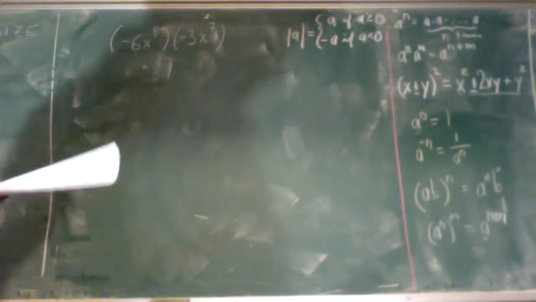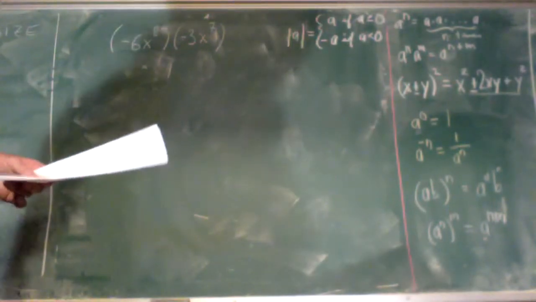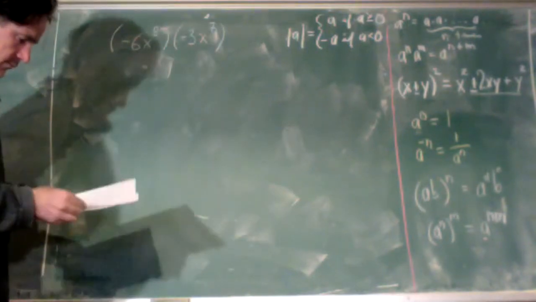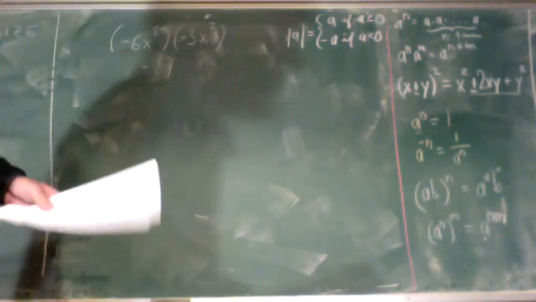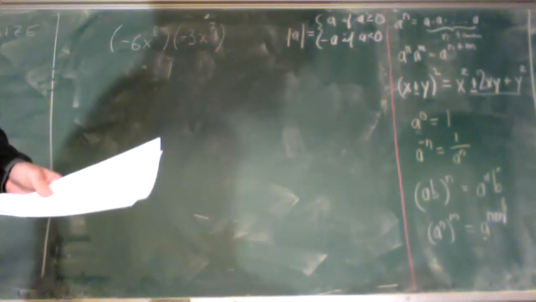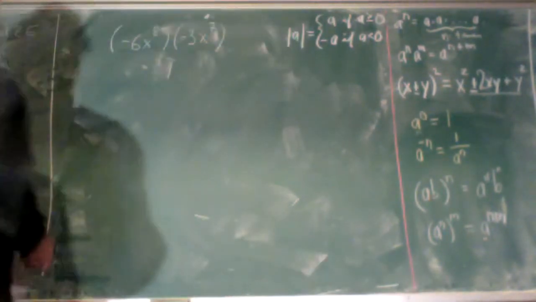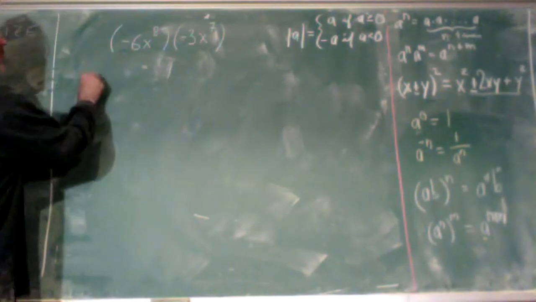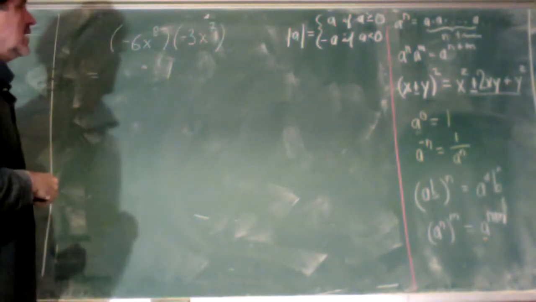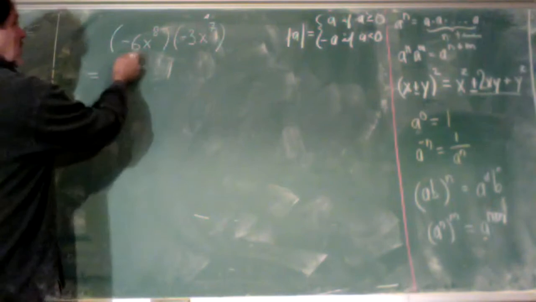Problem 18 asks us to use the product rule to simplify the given product. I believe this looks like one we've already seen. That's okay. So similar to the last time we saw this problem, we've got a product.